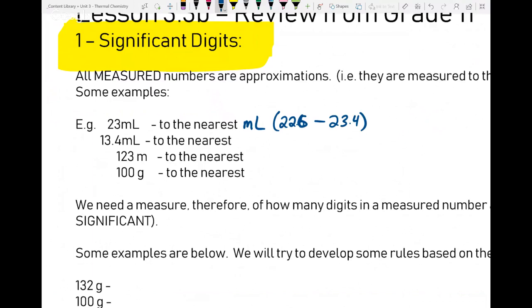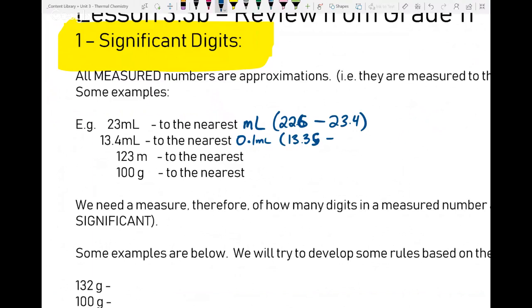Likewise, 13.4 is now measured to the nearest 0.1 milliliters. That's 10 times more precise, but it still isn't exact. What it means is this. That could be as small as 13.36, because rounding rules, or even 5 actually in this case, because a perfect 5 rounds to the even number, which isn't important. 13.35 would round to 13.4.